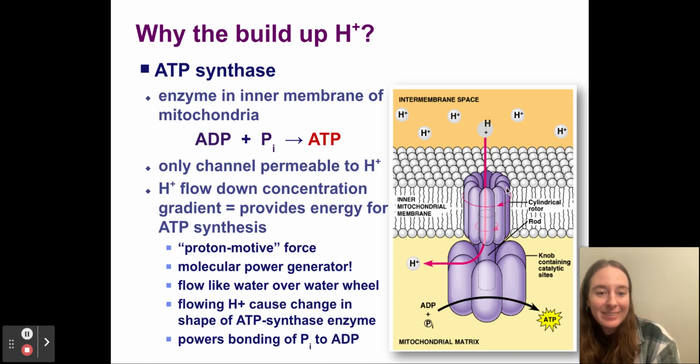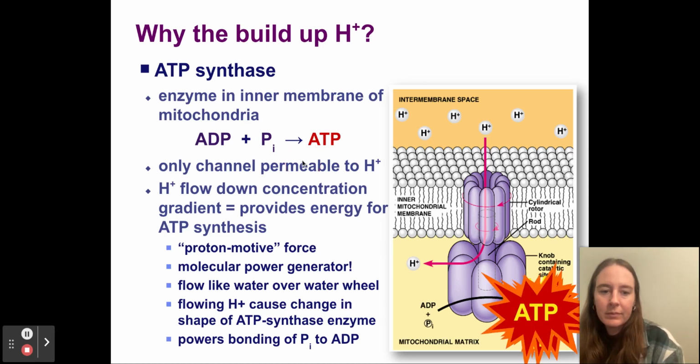As they pass through, the cylindrical rotor spins. It's like a little machine in your cells. It basically cranks out ADP plus inorganic phosphate to make ATP. Hydrogen is flowing down its concentration gradient, and we're making a bunch of ATP.